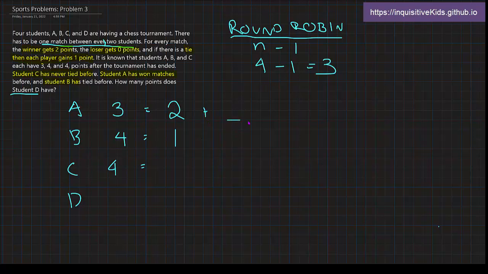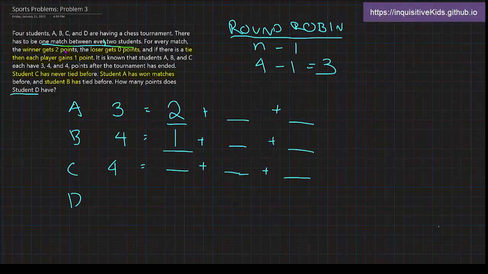Now that we know that, I'm going to add 3 blanks to each equation right here. This shows that there are 3 numbers waiting to be filled. Now let's do A. 3 is equal to 2 plus something plus something.